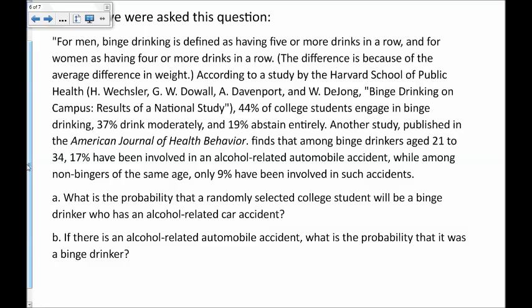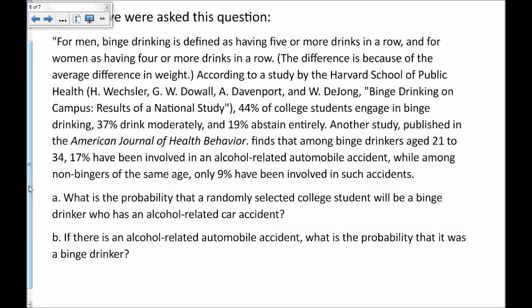Okay? Now, this is kind of like data overload. You're kind of trying to figure out how all these pieces fit together. And you're asked the question of, first, what is the probability that a randomly selected college student will be a binge drinker who has an alcohol-related car accident? And B, if there is an alcohol-related automobile accident, what is the probability that it was a binge drinker?